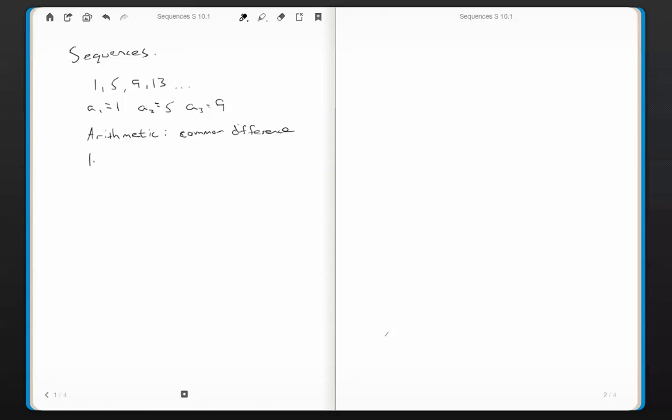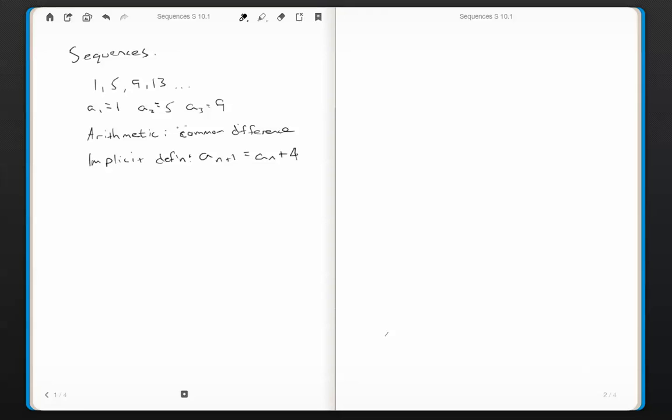You could say it implicitly, which might be the first one that comes to mind: a sub n plus 1 is a sub n plus 4. So what does this say? The next one in the sequence is the previous one plus 4.